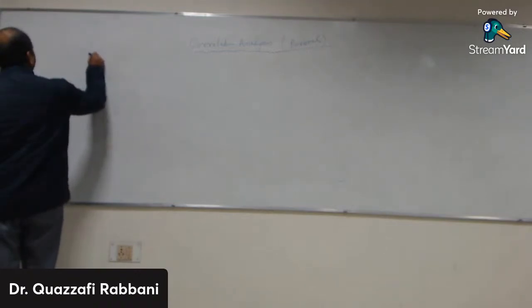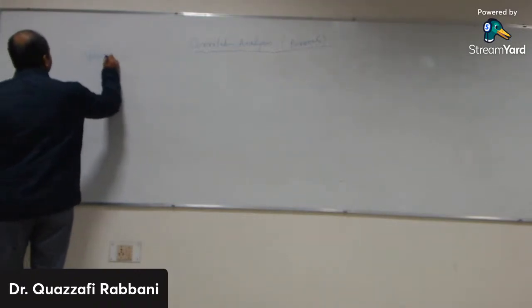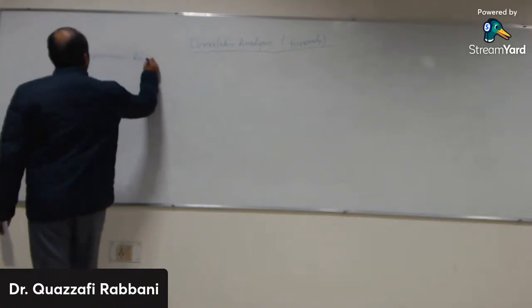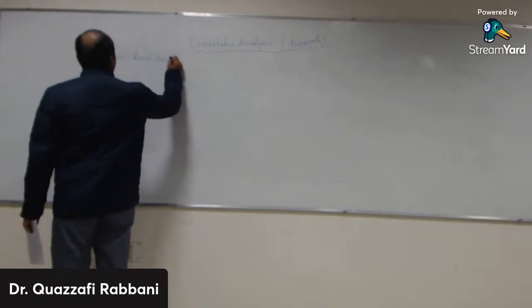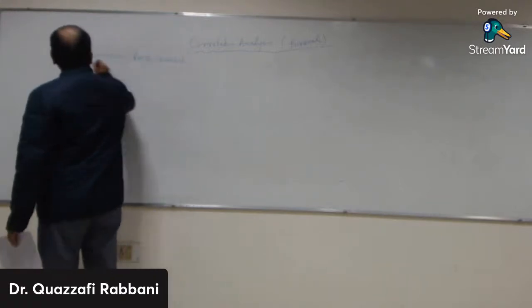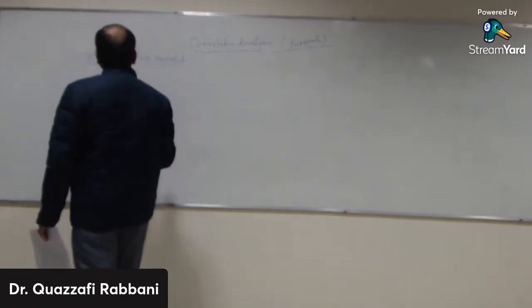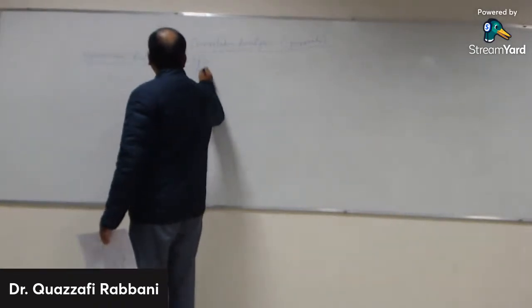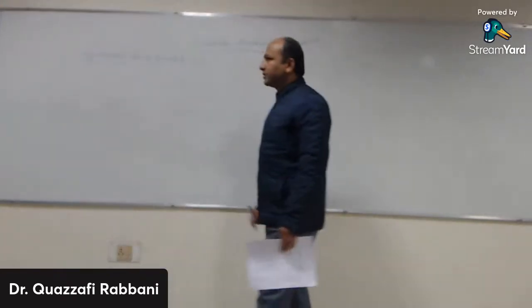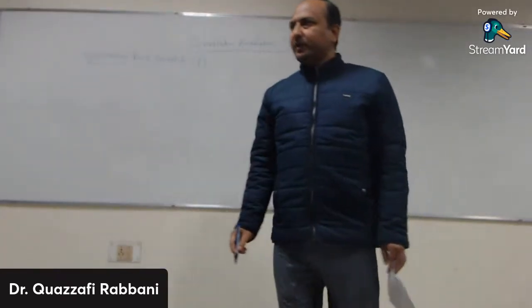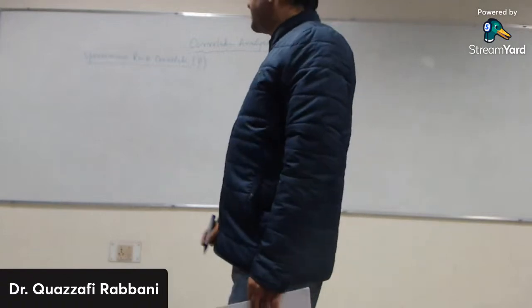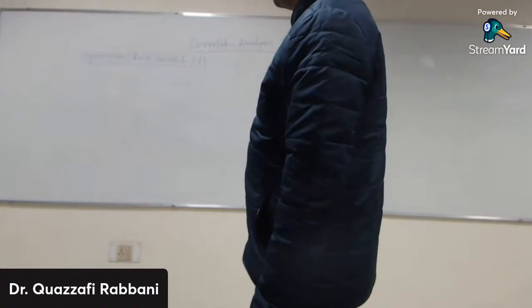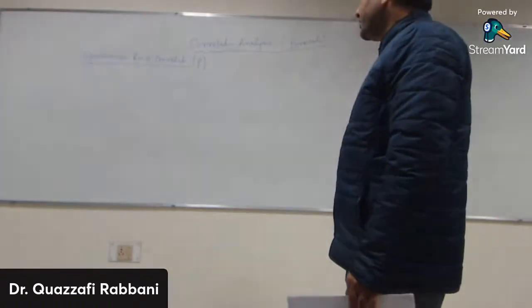So next is Spearman rank correlation, and this is denoted by the Greek letter rho. If, in place of values, there are gradings, then we use rank correlation.